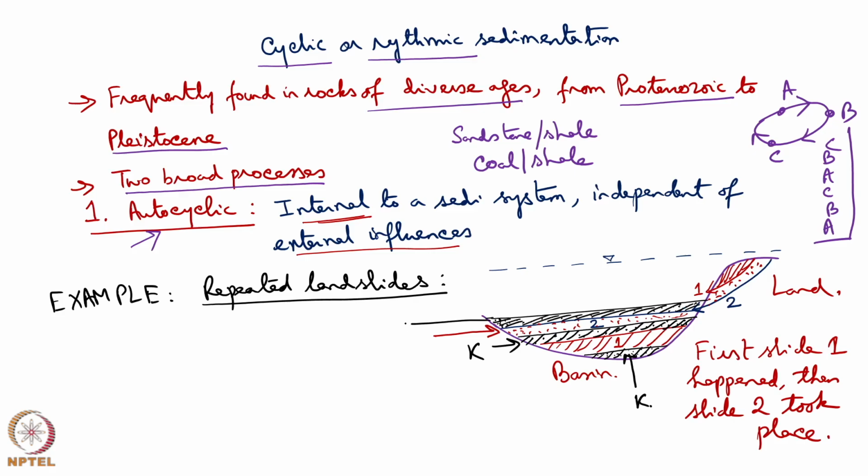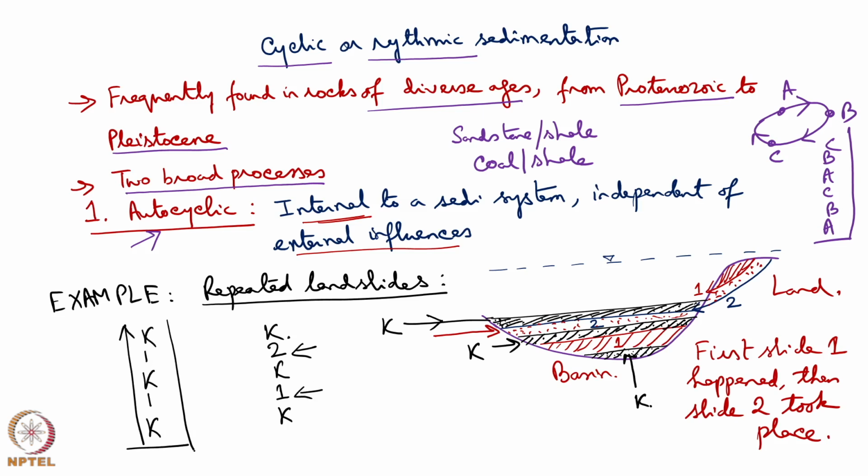So, what I get from bottom towards top is K, 1, then again K, 2, and then again K. Slides 1 and 2 can be of the same composition, so I will write them as 1, it becomes K, 1, K, 1 and K. So, this is a case of cyclic deposition.